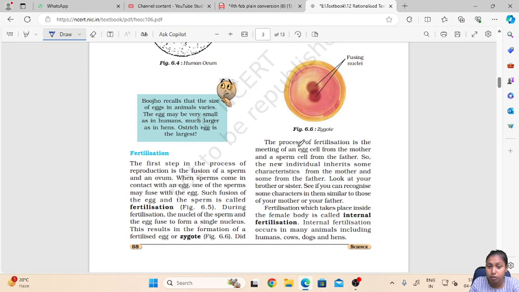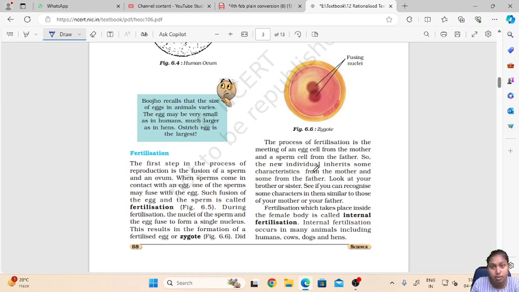The process of fertilization is the meeting of an egg cell from the mother and the sperm cell from the father. So here eggs are produced in the female, so in your mother, and sperms are coming from the father. So the new individual inherits some characteristics from the mother and some from the father.